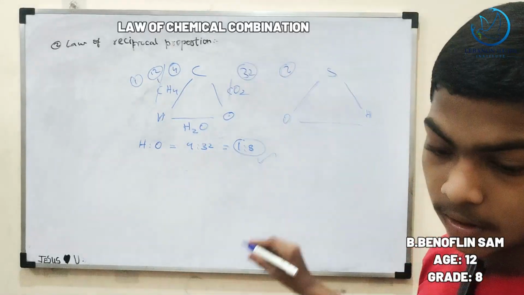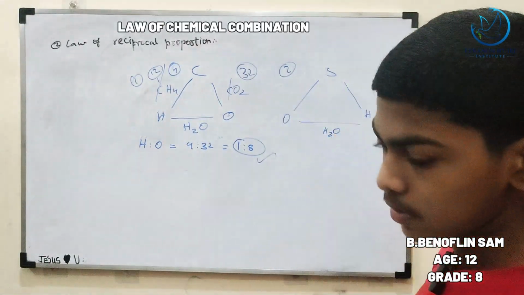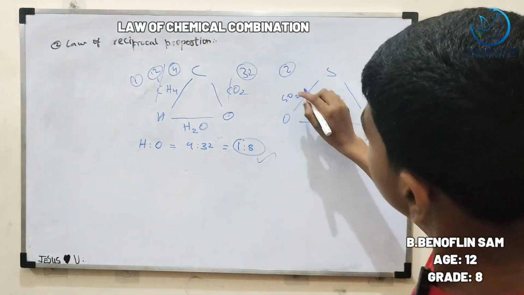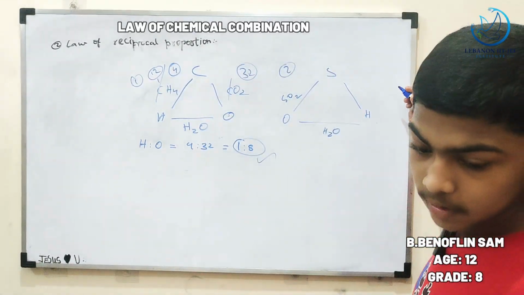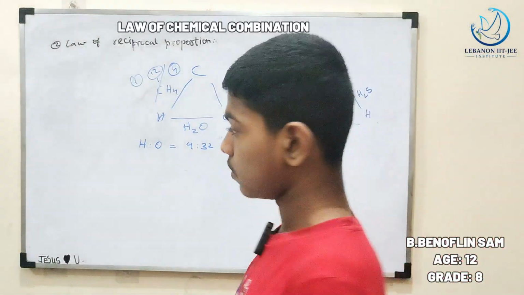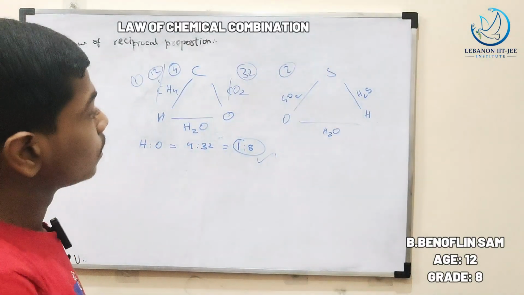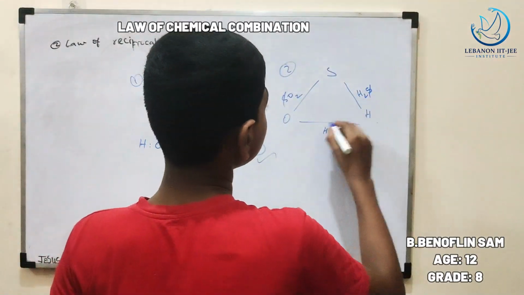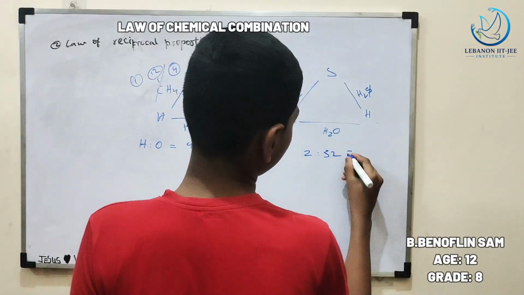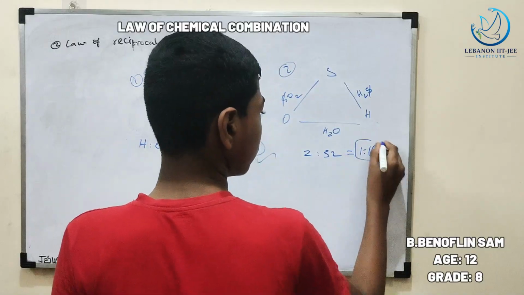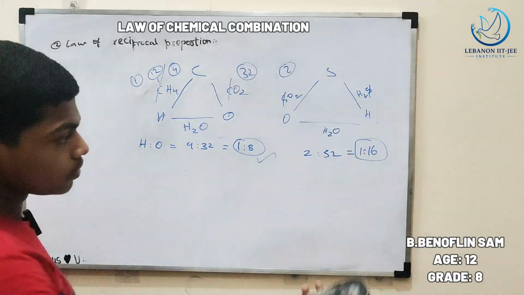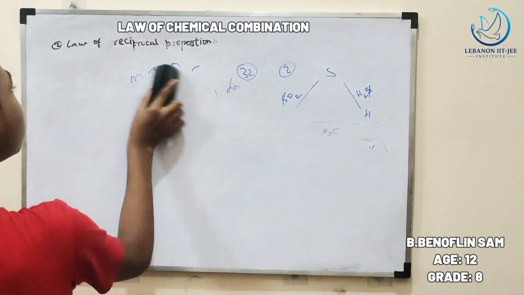Then it is added to H2S. So we solve it: sulfate is cancelled, and it will be 2 is to 2, which is equal to 1 is to 60. Understand? So the fourth law is finished.